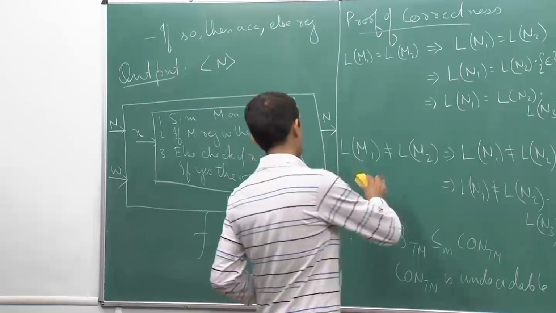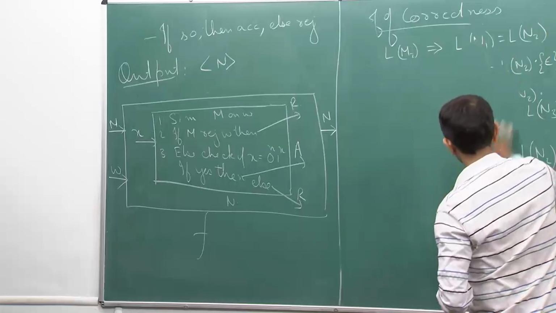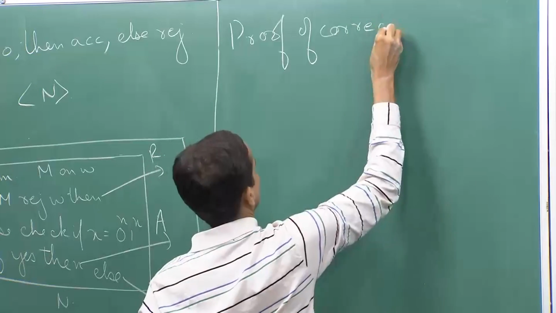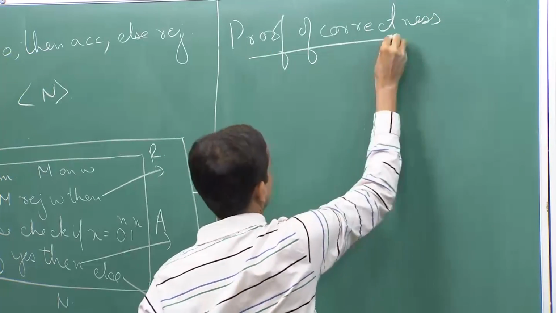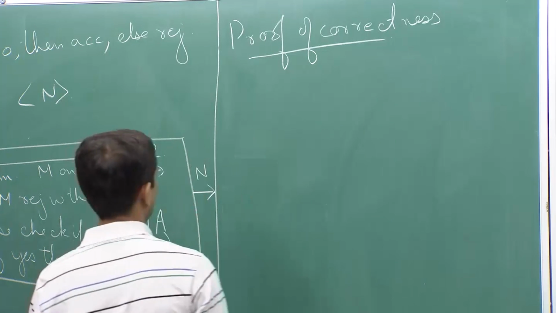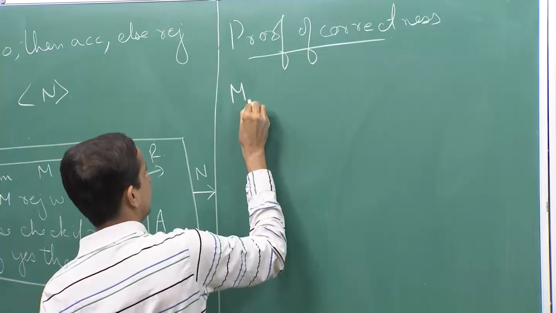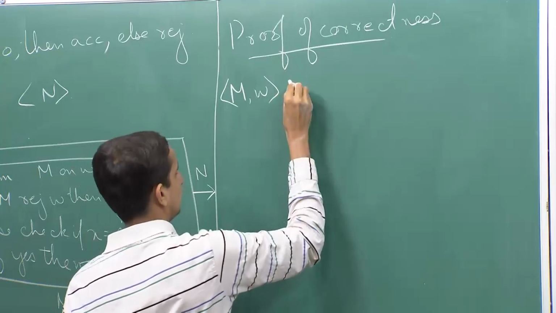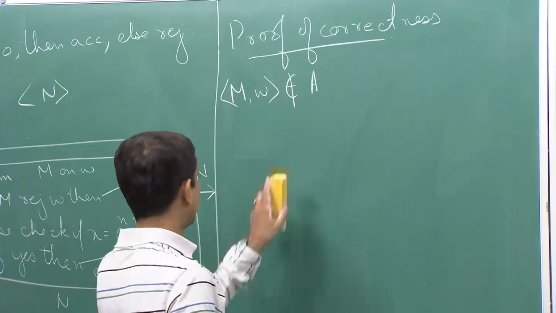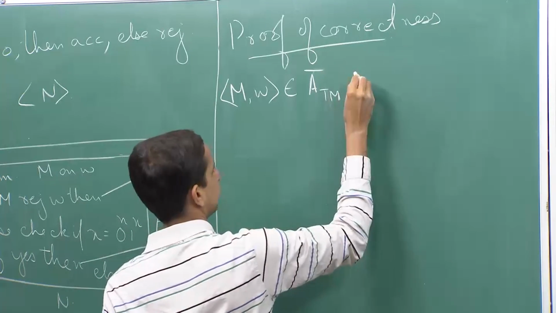Now let us try to analyze the proof of correctness of this reduction. Suppose m comma w does not belong to ATM, in other words, m comma w belongs to ATM bar.